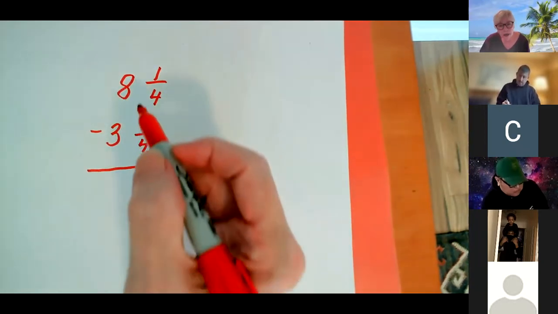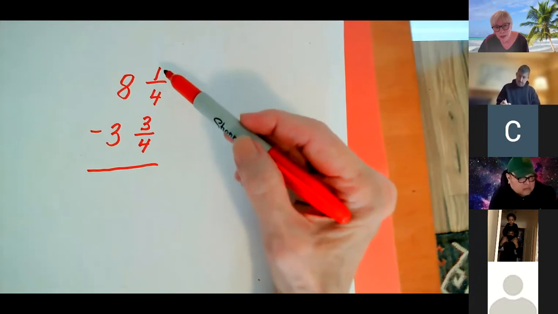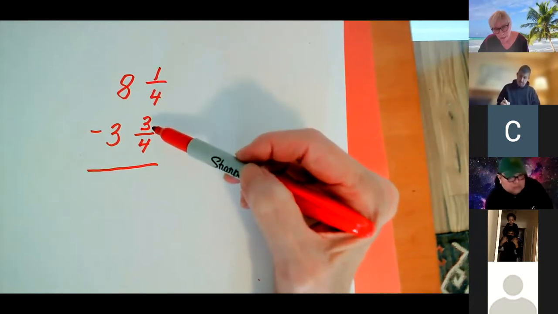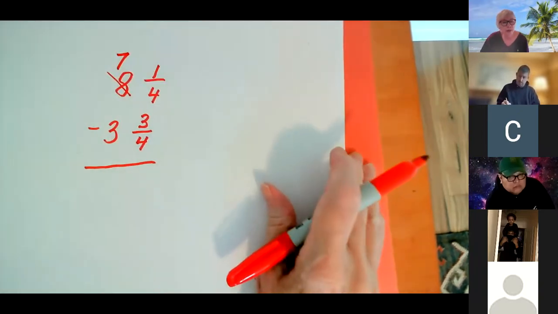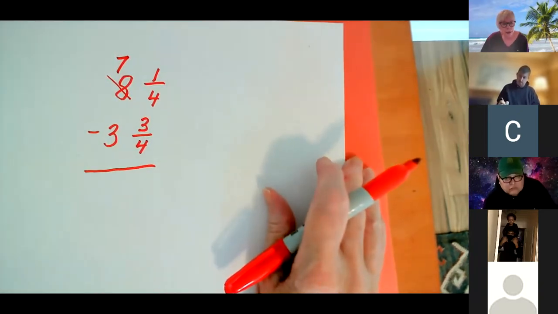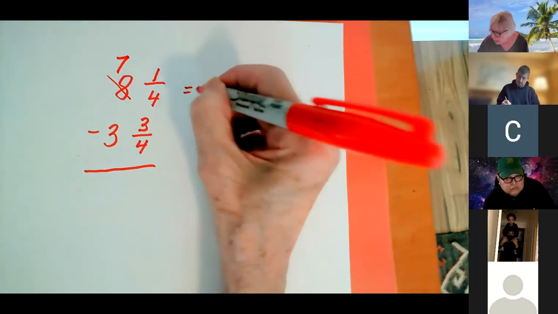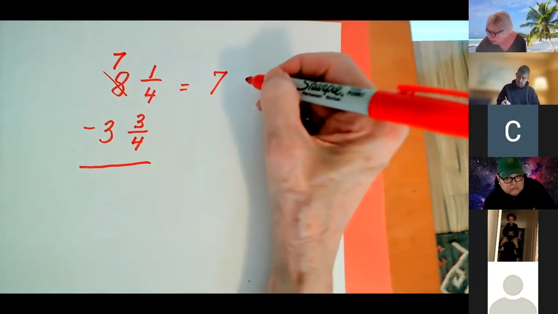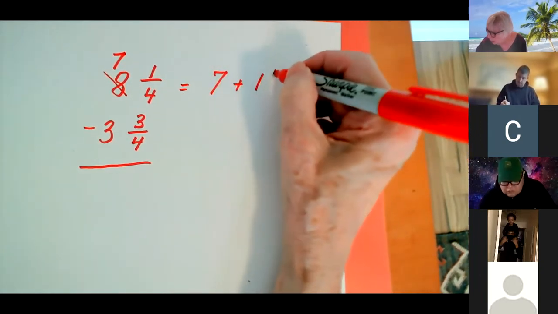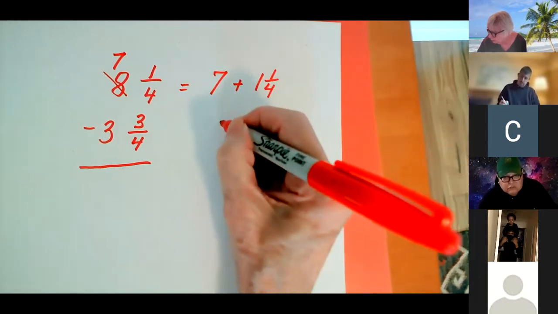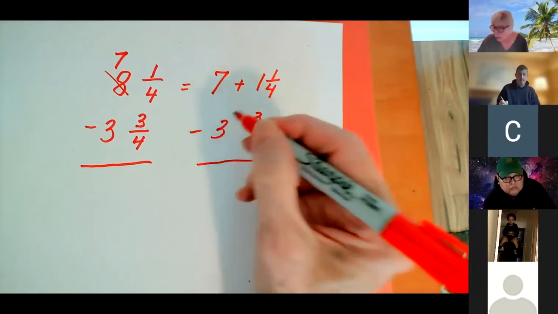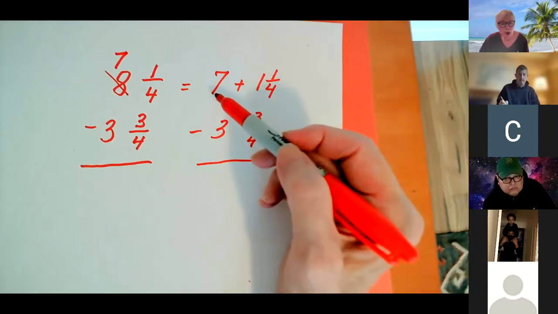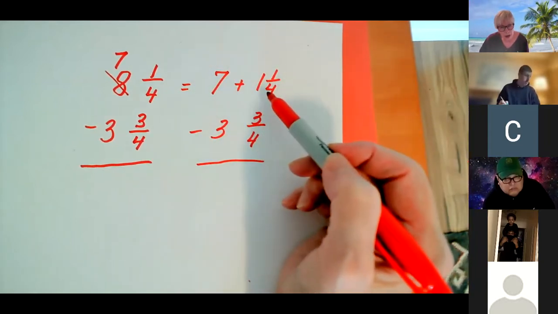And so this is taught several ways, but one student actually, can you see that this is not big enough to subtract 3? So you end up borrowing 1 from the 8. But what happens is then it's 7, and then it's plus 1 1/4. So the one that I borrowed came over here to the fraction part.